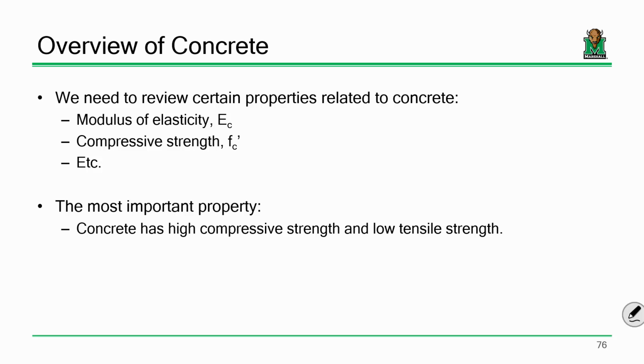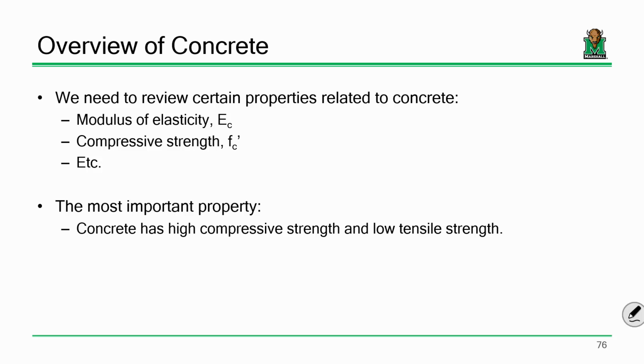There are some fundamental values that we need to determine, things like its modulus of elasticity, things like its compressive strength. But this one here on the bottom, if you leave this class and don't understand that statement, I have failed as a professor, because there is one fundamental value about typical concrete, and that is concrete is a material that behaves very well in compression and very poorly in tension.